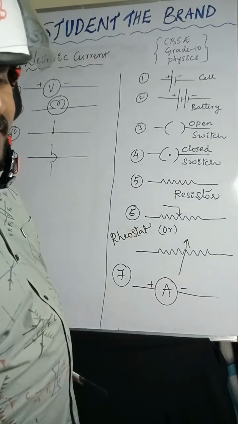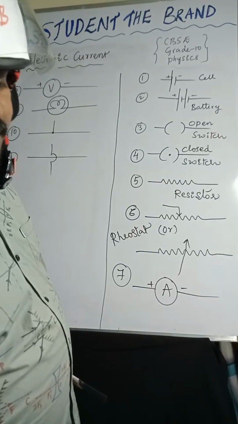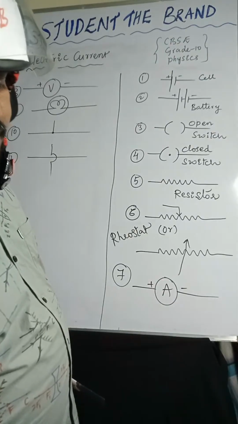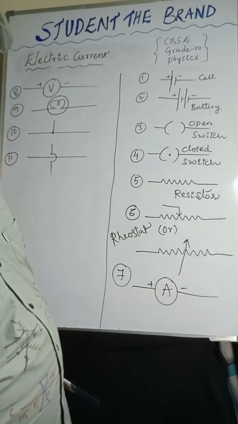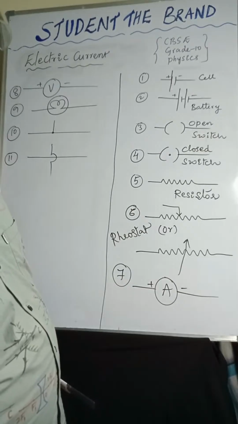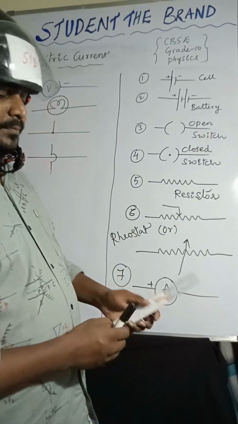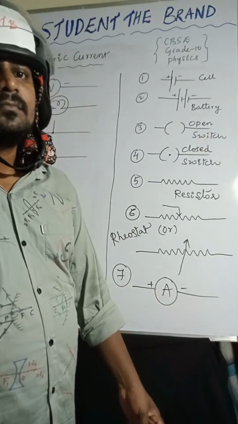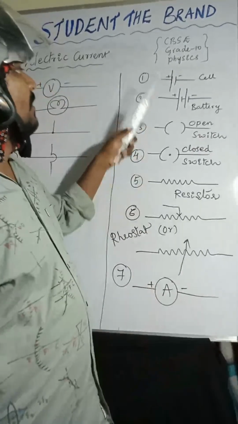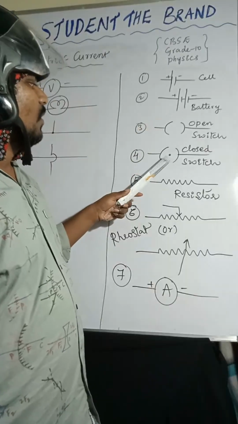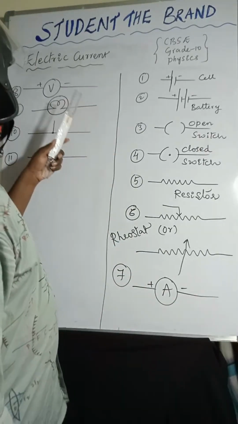First one is cell, battery, open switch, closed switch, resistor, rheostat, ammeter, voltmeter, bulb.